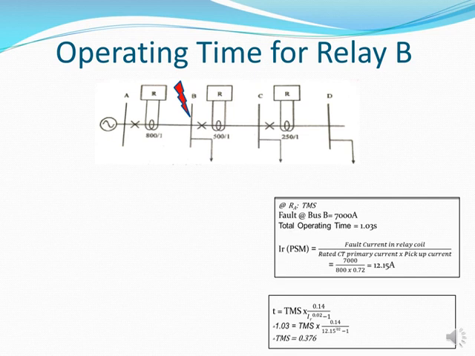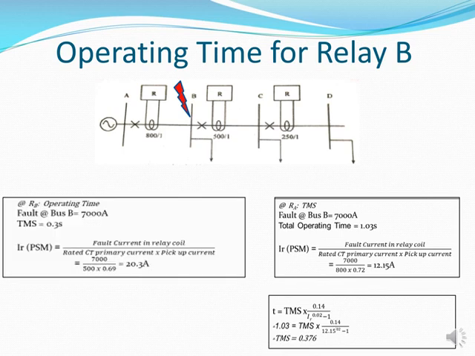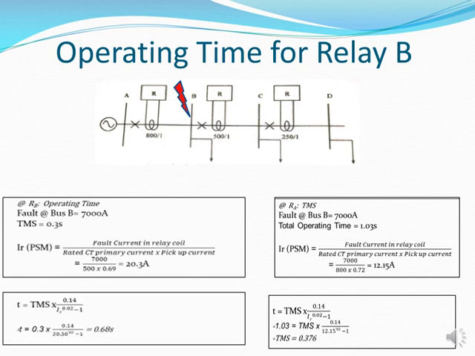With the answer from my current slide, I can then calculate what I have looking at B as a remote side fault, and I know that my fault current at B is 7,000 amps, and I know what my TMS is from what I've calculated. I can then work out what my IR is. With that IR, I then get the operating time of my relay B from the remote fault that it has got, 0.68.